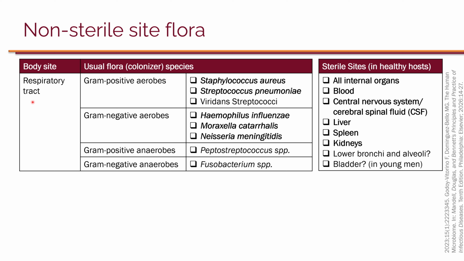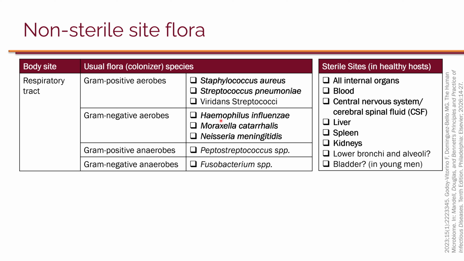So as I mentioned, the lung does have a microbiome. So when I say respiratory tract, it starts, pretty much from the nares, so nasopharyngeal area, and goes all the way through bronchi and into the lungs. But the further you go into the lungs, the less likely to have organisms present. So the respiratory pathogens or bacteria, I should say, include Staphylococcus aureus that may be present in the nose, for example, Streptococcus pneumoniae and other streptococci.